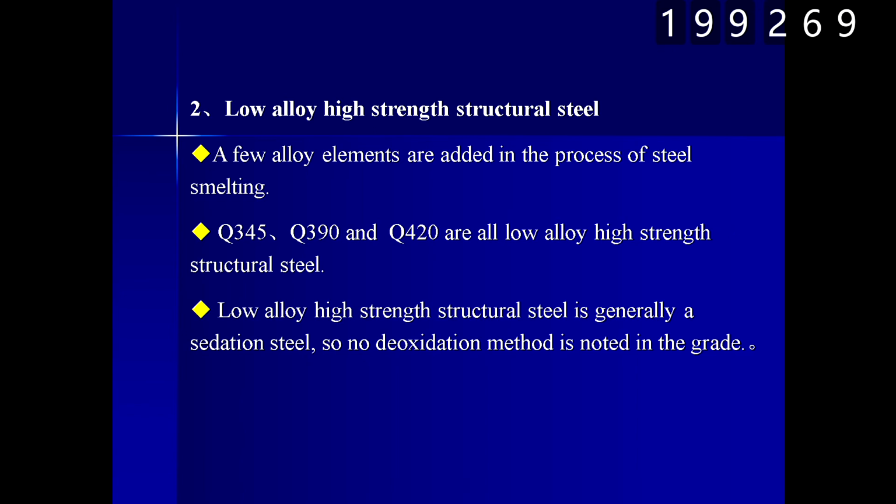We also have Q345, Q390, Q420, which are all low alloy, high strength construction steel. Low alloy, high strength construction steel is generally normalized steel.